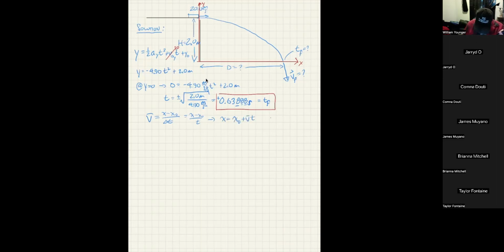But in this case, v bar equals v is equal to 20.0 meters per second. Does that make sense to everyone?